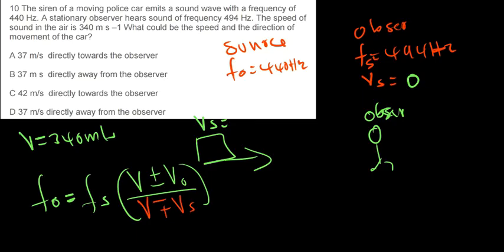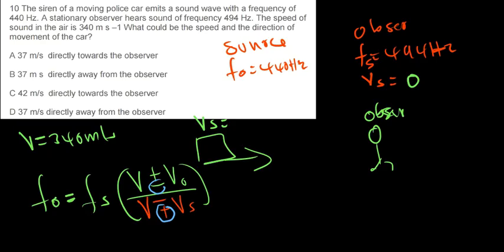So if the source is moving toward the observer, the velocity of the source is positive. Meaning, if here is positive, here on top is going to be negative.